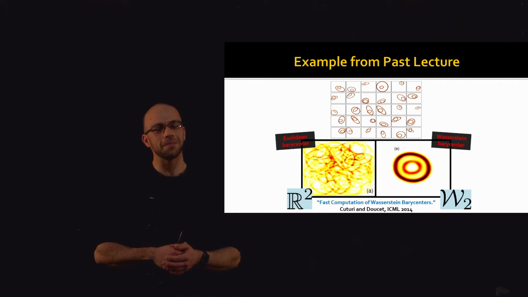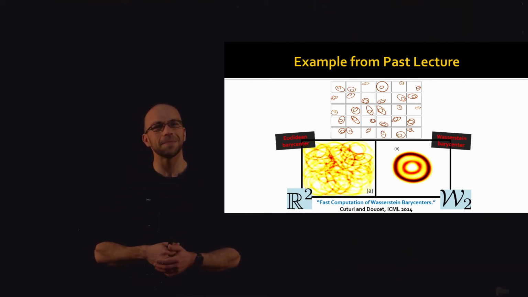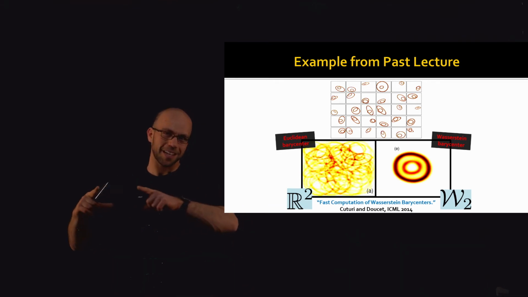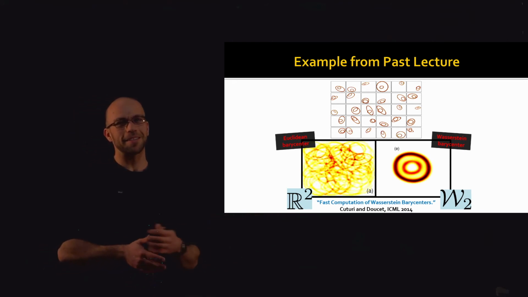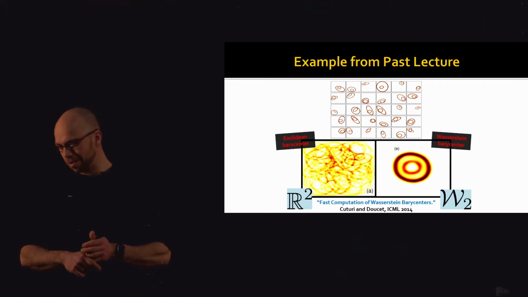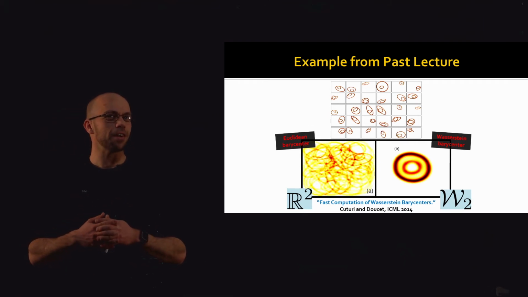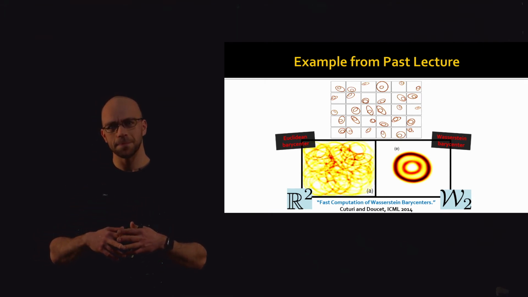That's the Euclidean barycenter. In other words, you're just averaging every single pixel color independently. But if I do optimal transport in the image space, so it's allowed to shift the circles around, I get this beautiful pair of rings on the right-hand side. This is a really beautiful example of what can happen in these barycenter problems. By the way, barycenter, I'm sorry, is another synonym for Frechet mean.